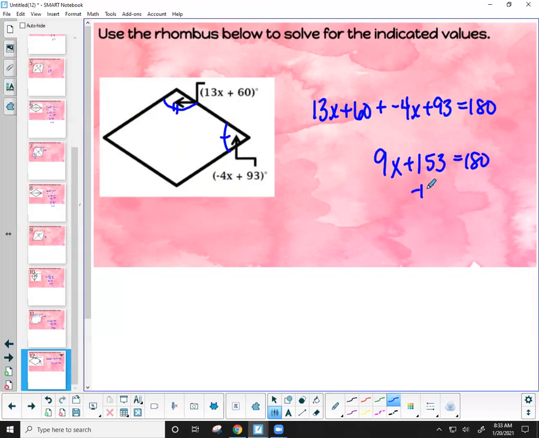Now I can subtract 153, and I have 9x equals, let's see, 27. Divided by 9, we have x equals 3.